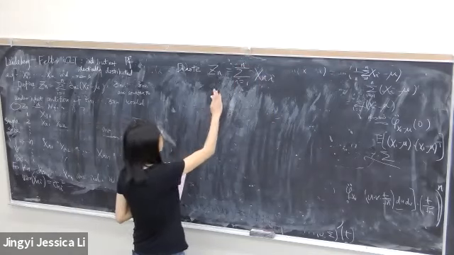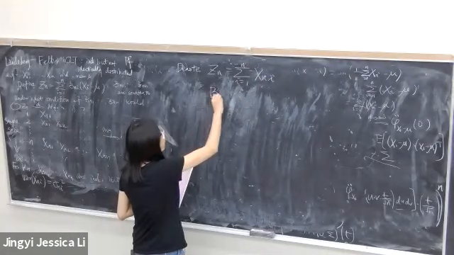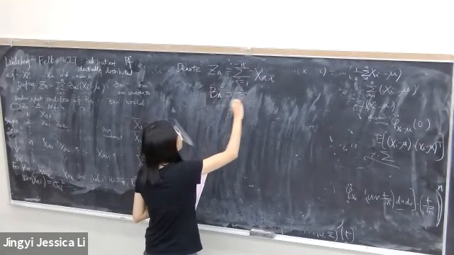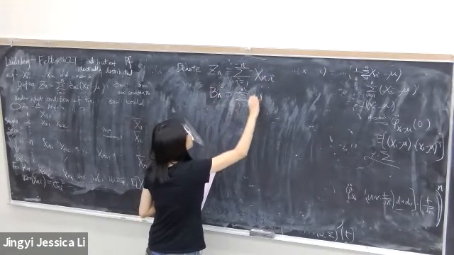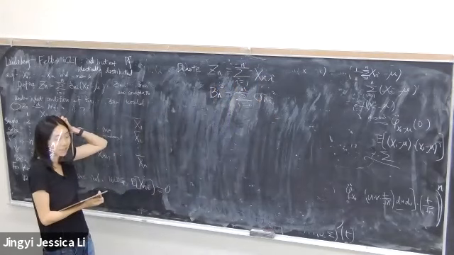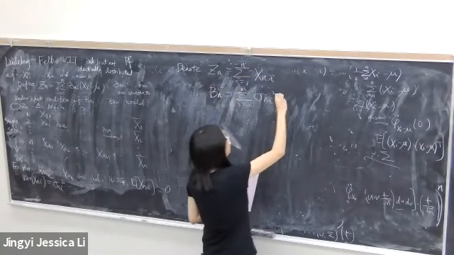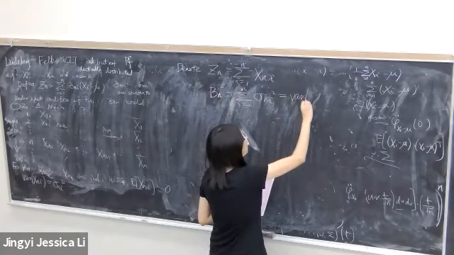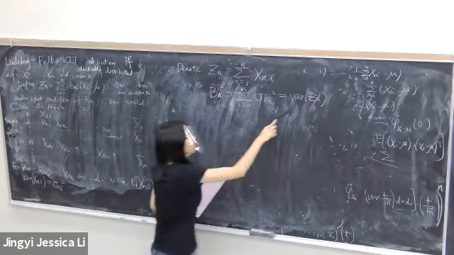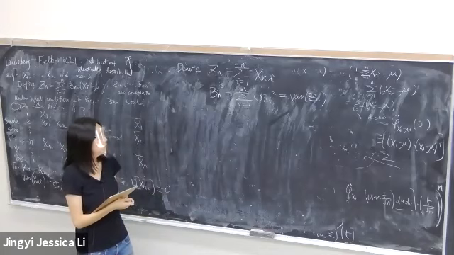I will also denote the sum of their variances by B_n squared. The reason is that they're independent, right? So this B_n squared is just equal to the variance of Z_n. And I have the B_n squared, so I don't need to write the square root; I can just write B_n.